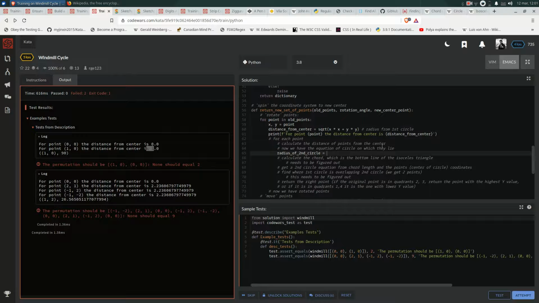What do we call it? Calculate length of chord. What do we input?